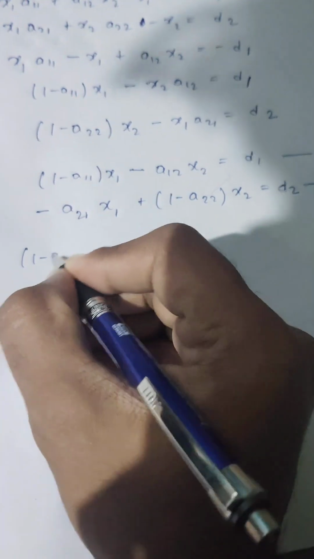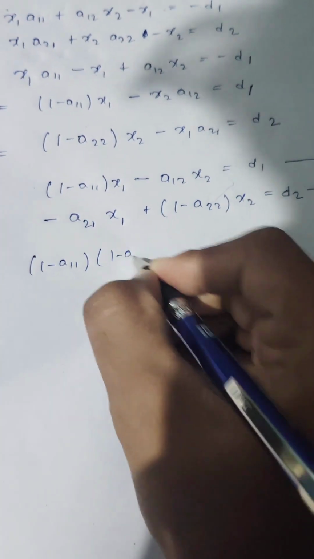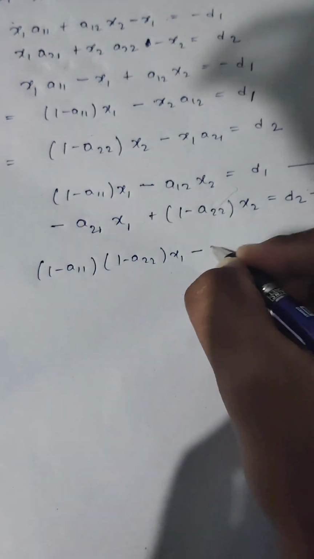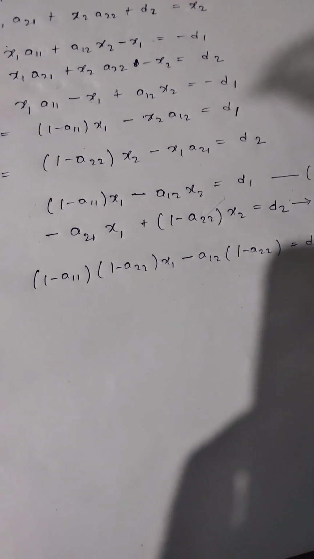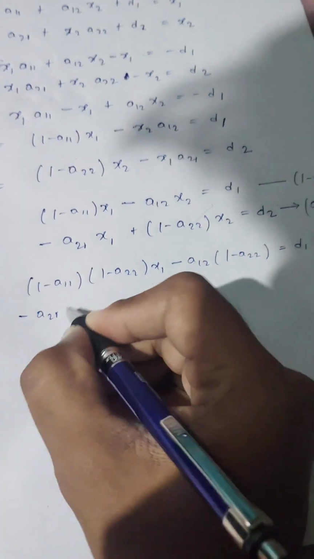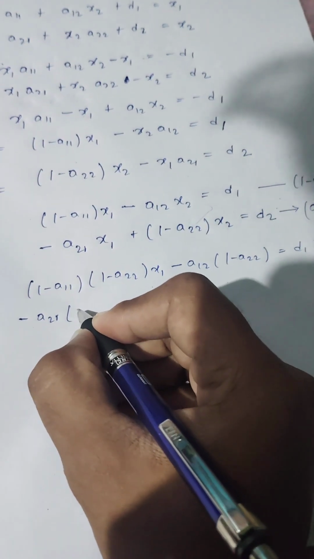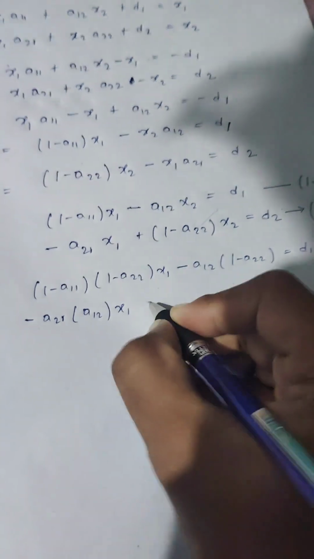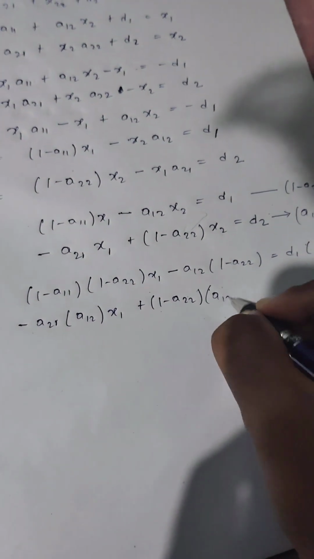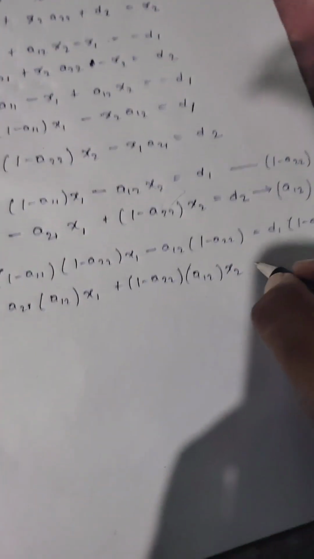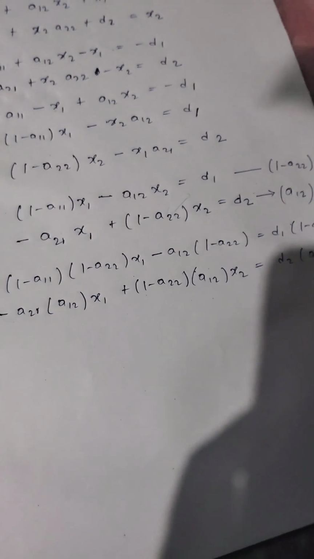We get 1 minus A11 into 1 minus A22 X1 minus A12 multiplied by 1 minus A22 X2 is equal to D1 multiplied by 1 minus A22, and minus A21 multiplied by A12 into X1 plus 1 minus A22 multiplied by A12 into X2 equal to D2 multiplied by A12.